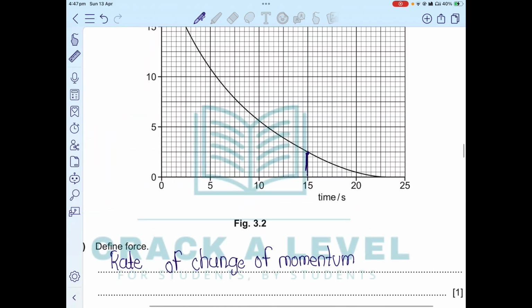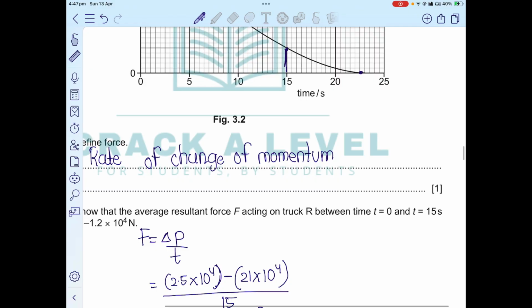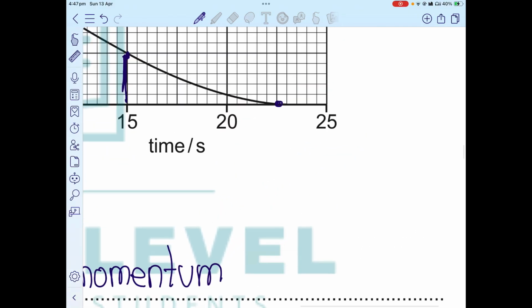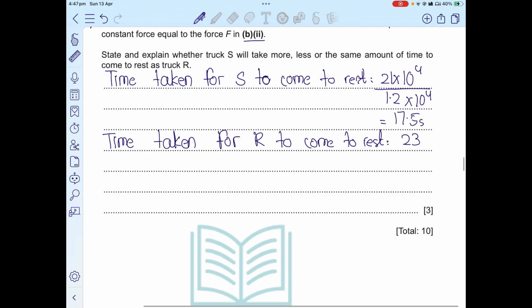So you see that at 23 seconds it actually came to rest. So is it 23? Sorry, it is 21, 22. You can either say 22.5 or you can say 23 seconds. I'm going to put it at 23, which really does not matter because it's still data, right?